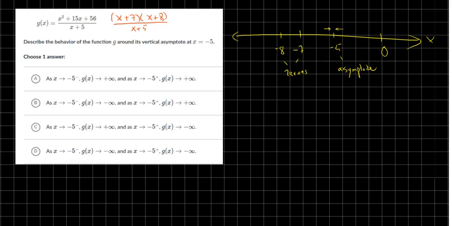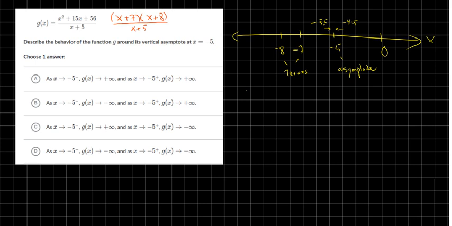So really what we're looking for is the sign as we get there. Okay, what is the sign? And in order to do that, I'm just going to choose a number that's fairly close. I am choosing negative 5.5, and over here negative 4.5. And I'm going to see what happens.